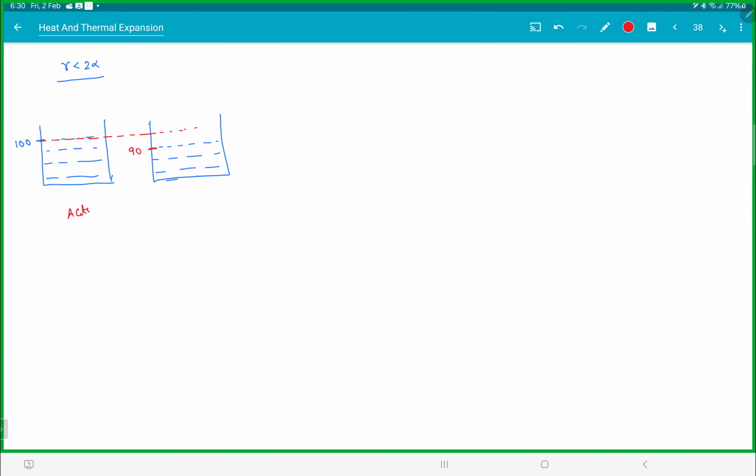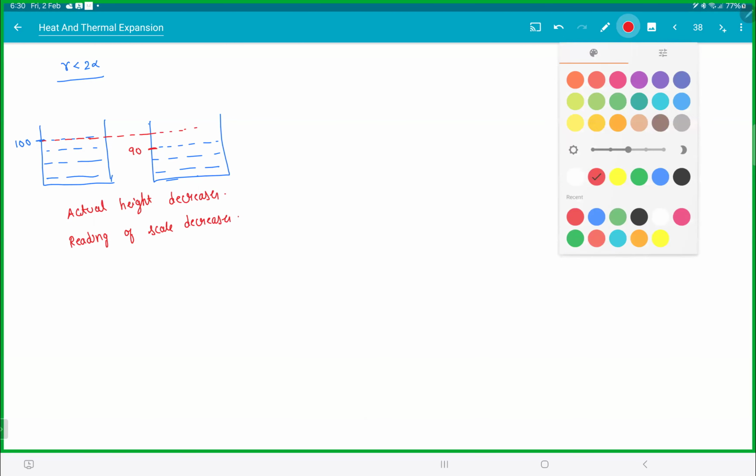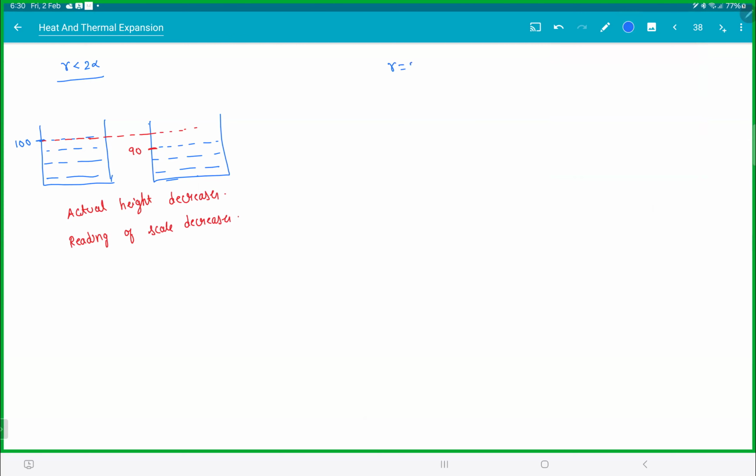So if gamma is less than 2 alpha, the actual height decreases, and the reading of the scale also decreases. Initially it was 100, it will be less now. Suppose gamma is exactly 2 alpha.